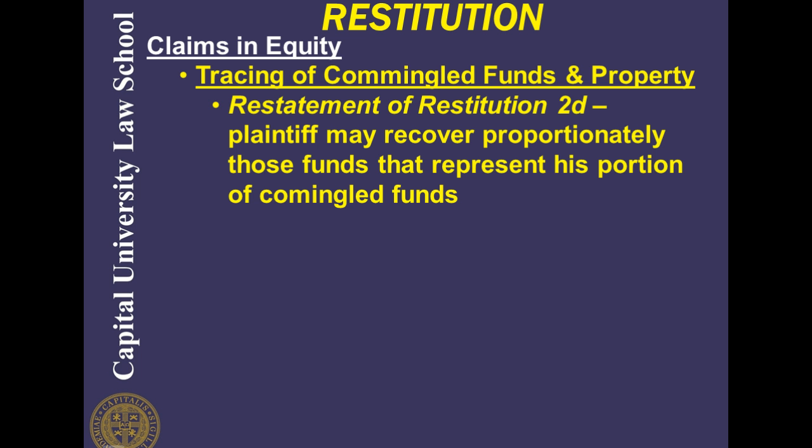So if all 75,000 stayed in the account, the plaintiff would recover 1/3, their 25,000. But now if the defendant initially withdrew 10,000, well, 2/3 of that would be the defendant's money, and 1/3 of that would now be the plaintiff's money, regardless of what happened to that 10,000.